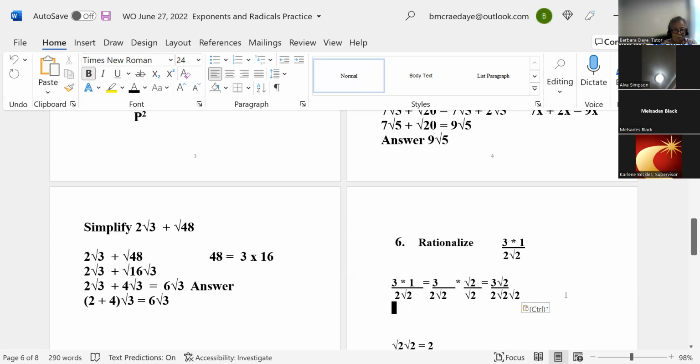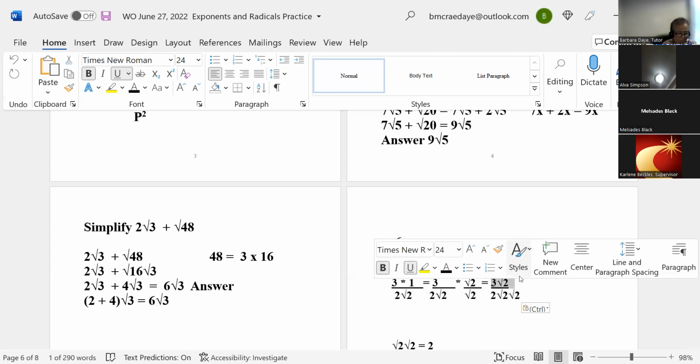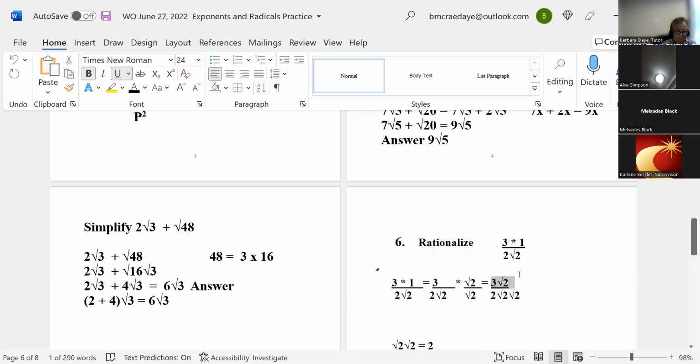Now, what is that denominator equal to? Mercedes, you got the answer?